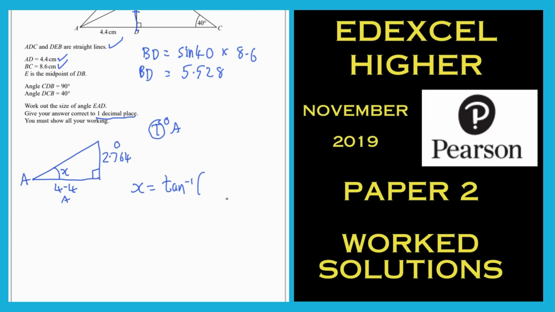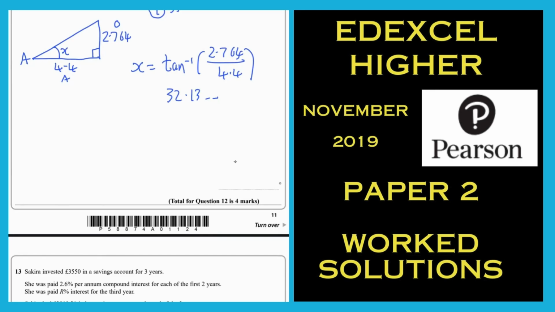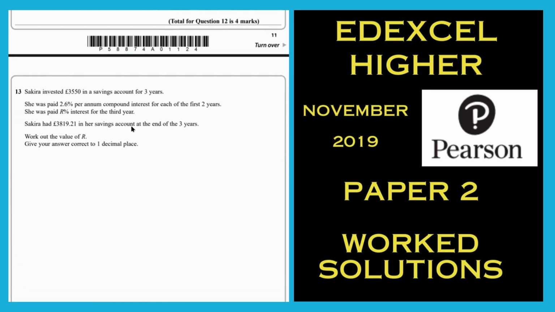And we need to do opposite over adjacent, 2.764 over 4.4. Stick all that in your calc, not forgetting 1 decimal place required. My calc spits out 32.13, etc. So leave it at 32.1. And there we go.